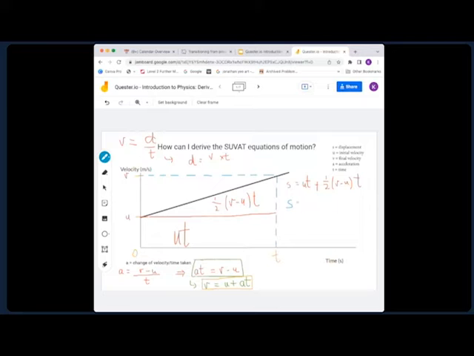So S equals UT plus 1/2 brackets AT multiplied by T. And this implies that S equals UT plus 1/2 AT squared. And that gives you your second or third equation of motion.